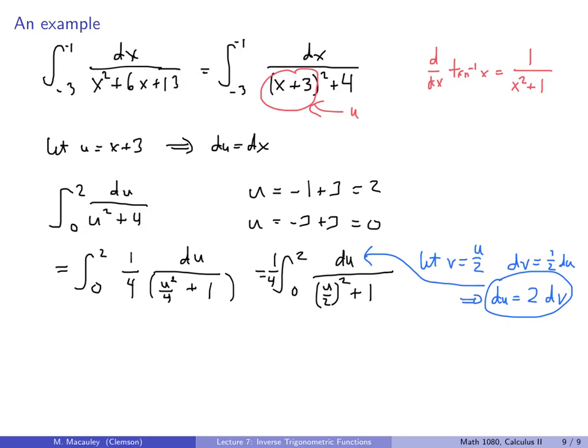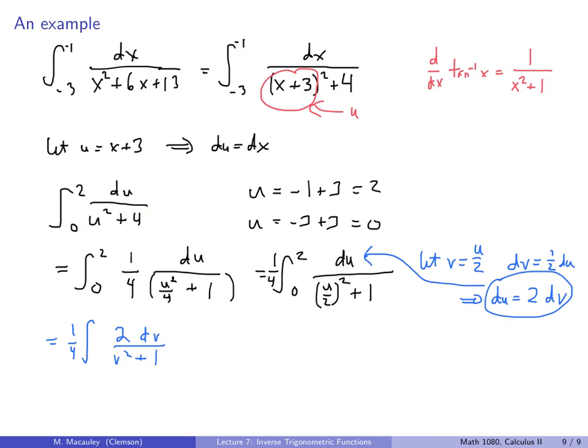So now my integral becomes 1/4 integral of 2 dv over v squared plus 1. Let's do the bounds later. Well, let's check these bounds.